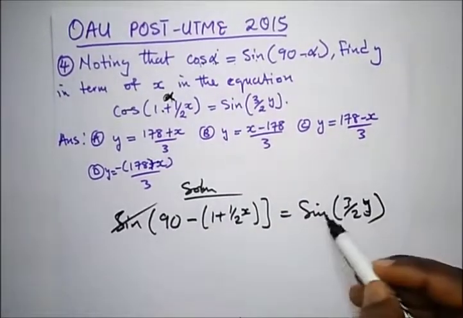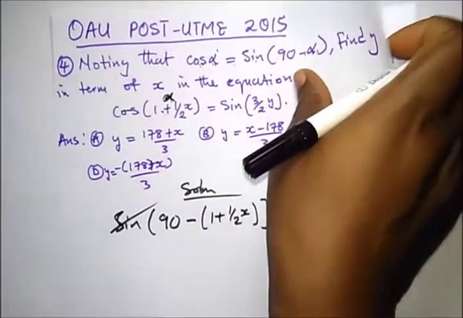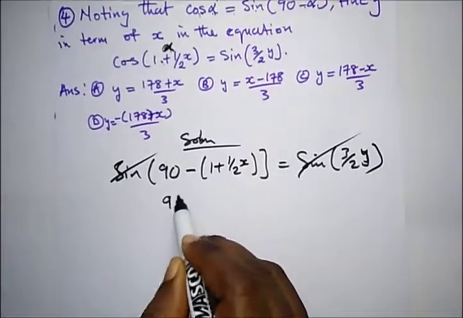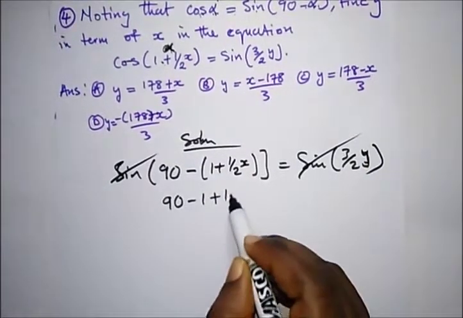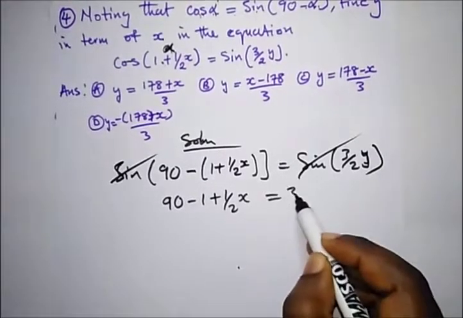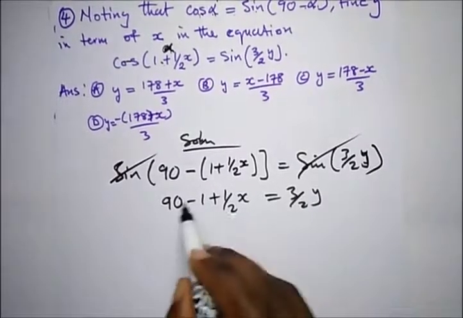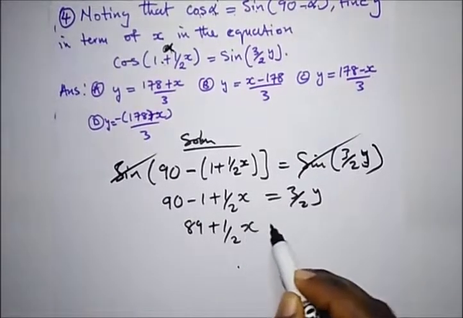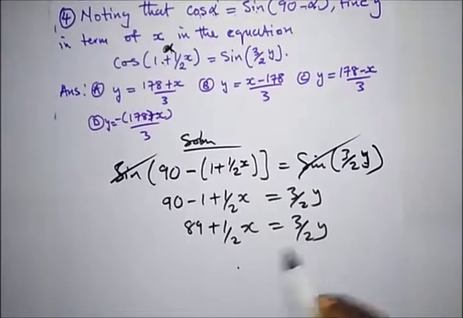So what will happen? This sine will cancel this, and we need to open our brackets. When we open our bracket, we have 90 minus 1 plus 1 over 2x equal to 3 over 2y. 90 minus 1 is 89, plus 1 over 2x equal to 3 over 2y.